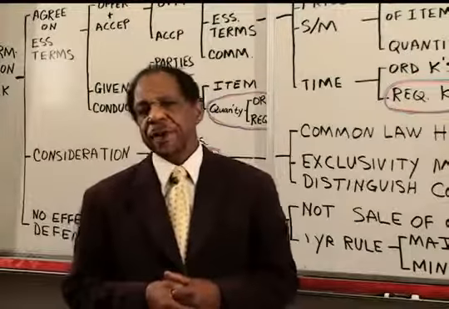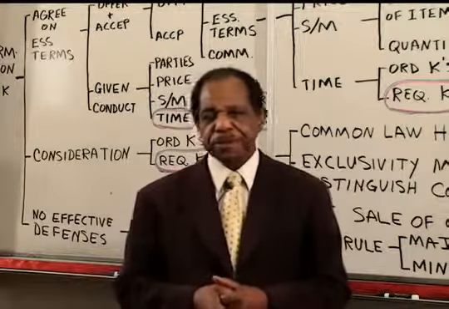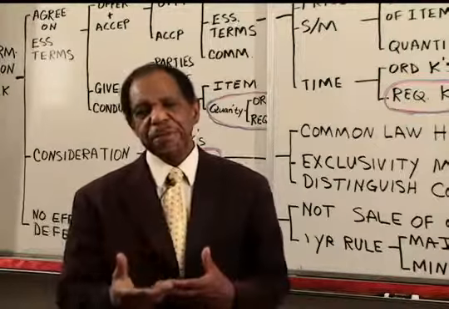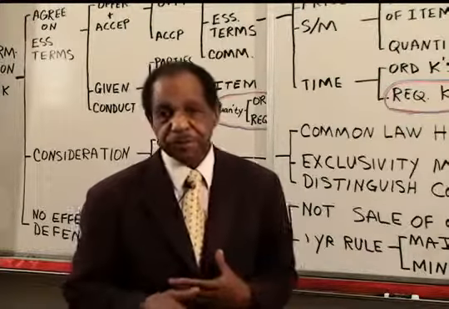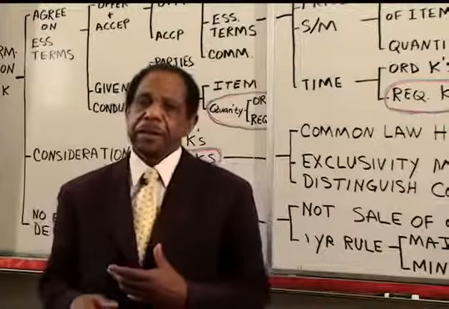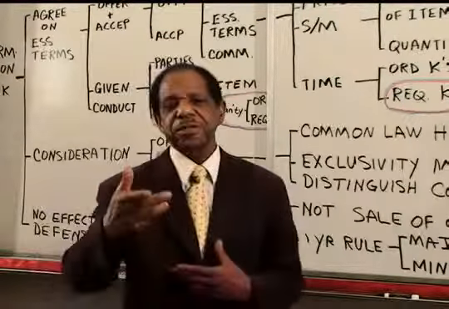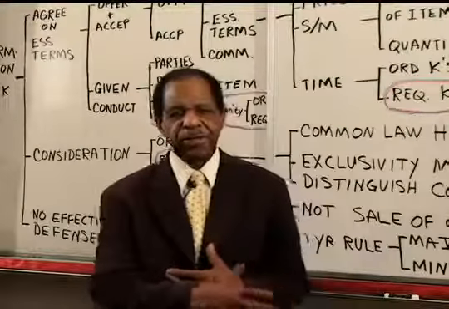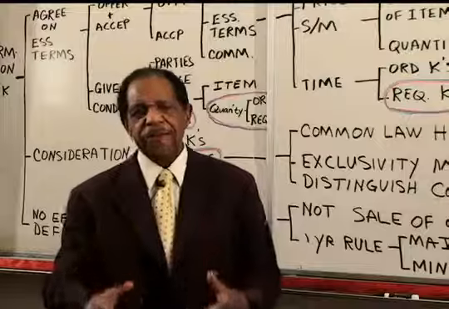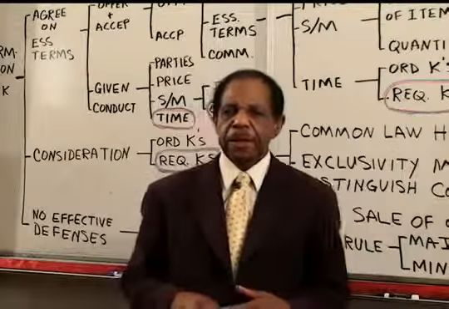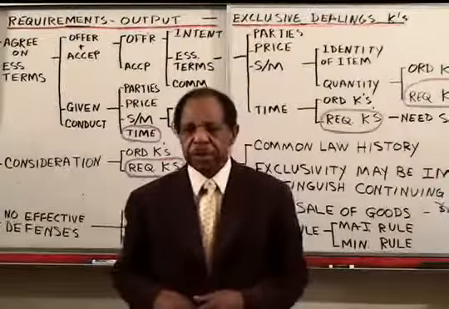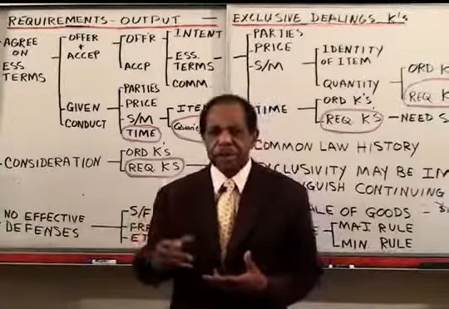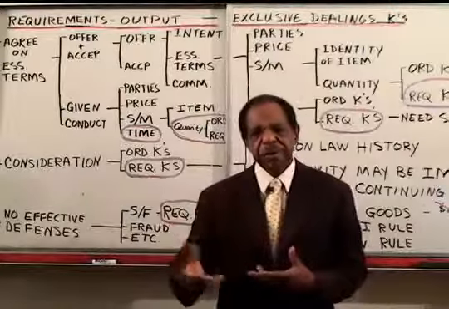Now we have a contract, and the contract says that I will buy all the salmon that I require in my business from you, and the contract also says you will sell me all the salmon that I require in my restaurant business. Okay. That is a requirements contract. It's a requirements contract because I am promising to buy all of my requirements exclusively from you, all of my needs from you.